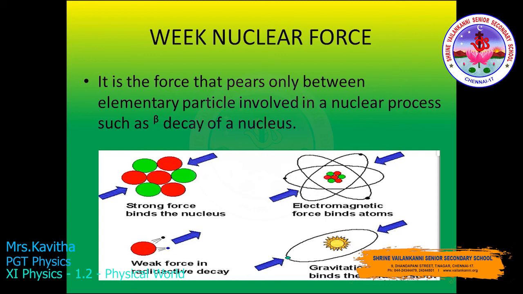The electron and the neutrino interact with each other through the weak nuclear force only. The weak nuclear force is much stronger than the gravitational force, but much weaker than the strong nuclear force. That's why we call it a weak nuclear force. And also it is weaker than the electromagnetic force too. This is obvious from the fact that the decay of an elementary particle is caused by the weak nuclear force.